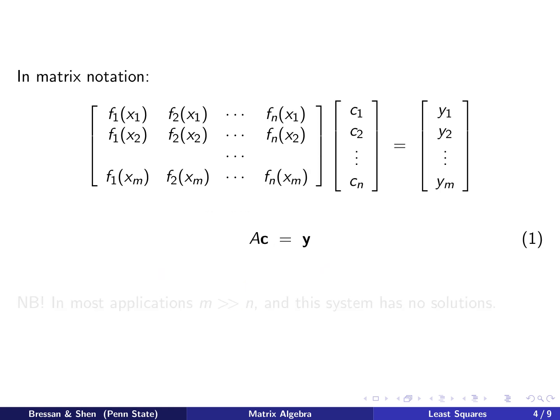And we can write it in the matrix notation, considering the coefficients c's as the unknown, and the function values at the xi's for the functions f1, f2, fn will be the coefficients. So that will be the A matrix, and that's the unknown vector c, and then we put the yi's in the vector y.